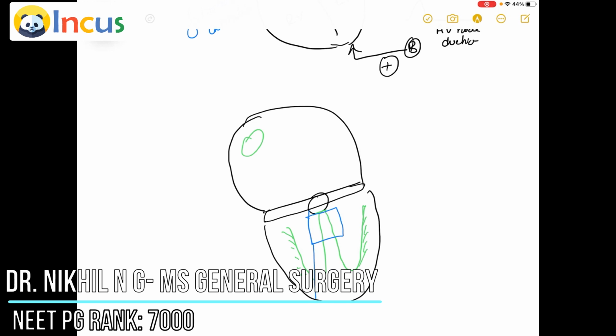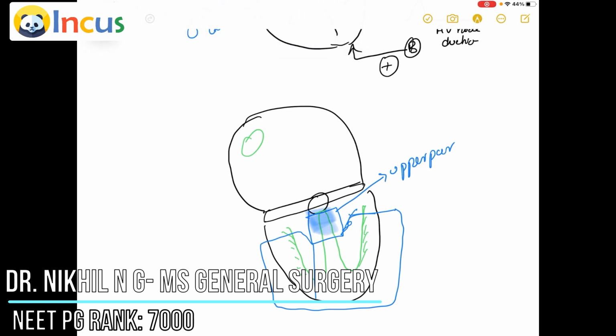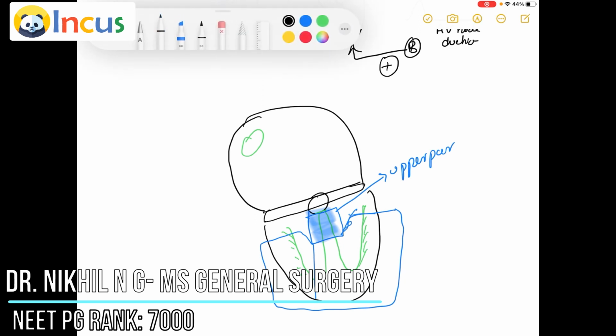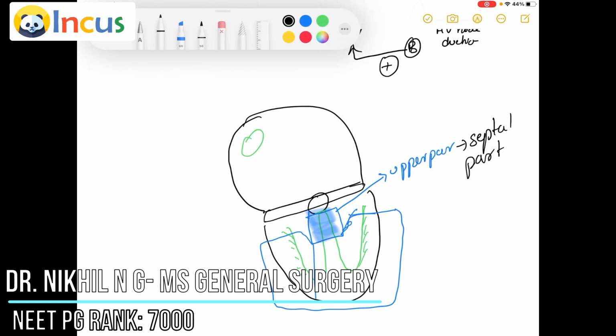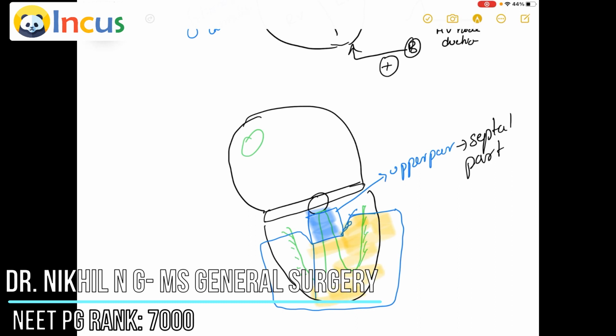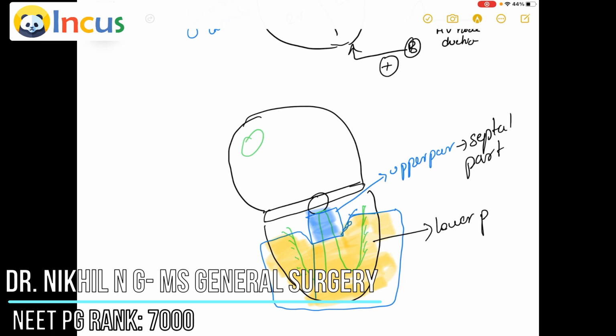This upper part is the septal part, and this lower part is the muscular part.